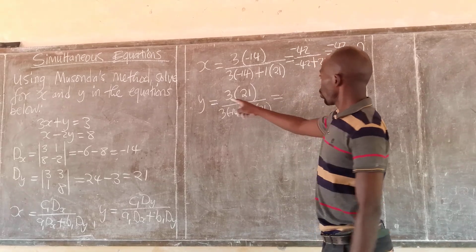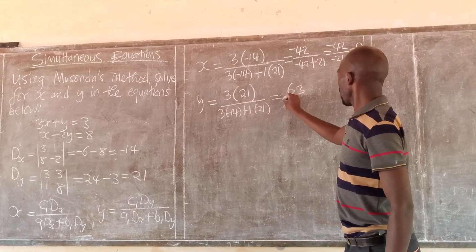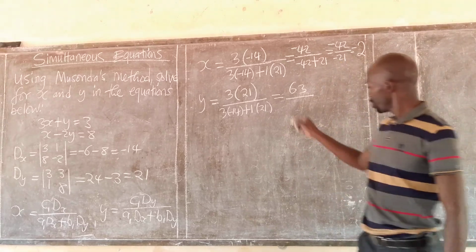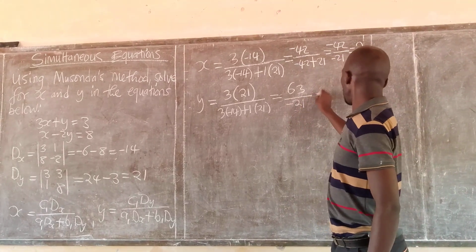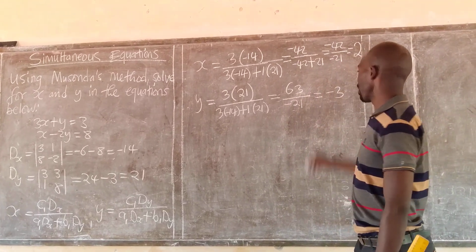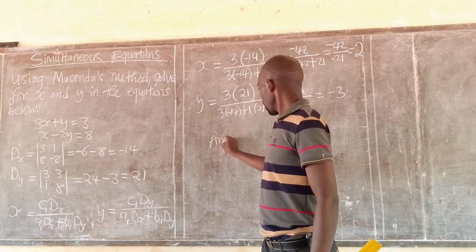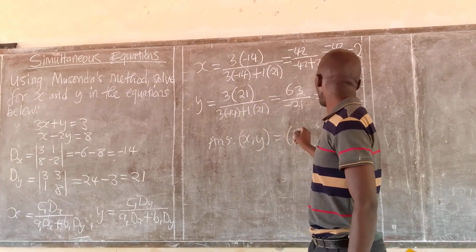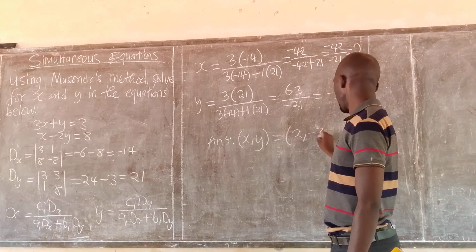On top, 3 times 21 is 63. Remember what we got here, negative 21. And the result here is negative 3. So the answer, x over y, will be equal to 2 over negative 3.